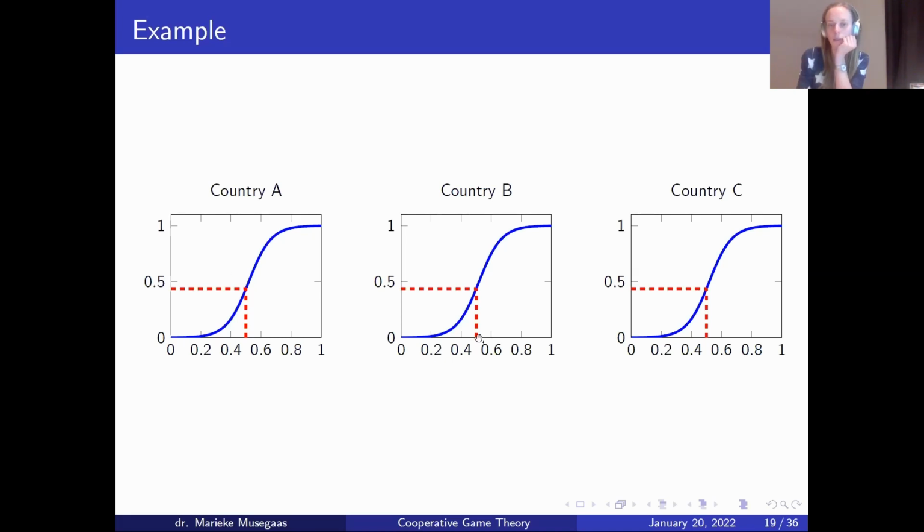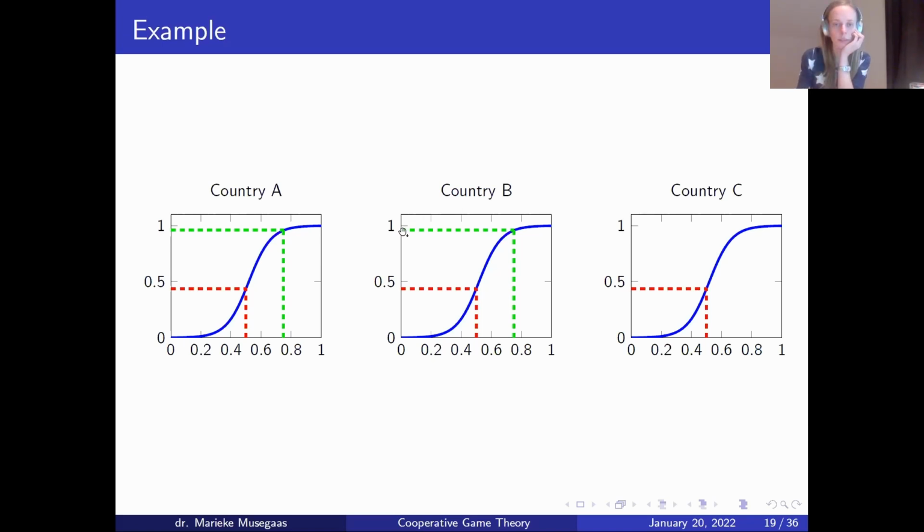Yes, you can. So in total, we have, let's say, 1.5, of course, it's a fraction, 1.5, I don't know, million vaccines. If we distribute it in this way, yeah? So what we basically do, country C gives away all his vaccines, yeah? We give it to country A and country B.